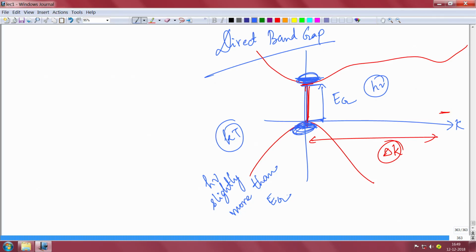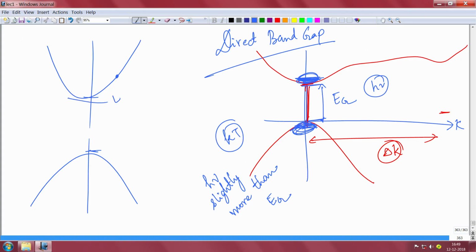Now if I talk about the E-K diagram again, this is your conduction band, this is your valence band. This is the bottom of the minima, this is the maxima. At any point here, taking this as the reference, I can write the energy as Ec plus h-bar squared K squared by 2 m electron.